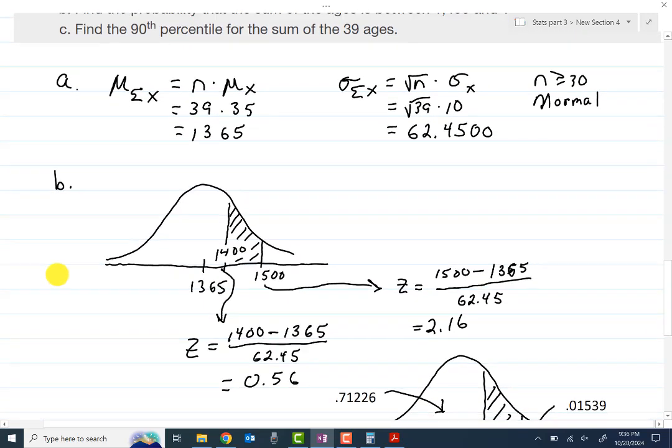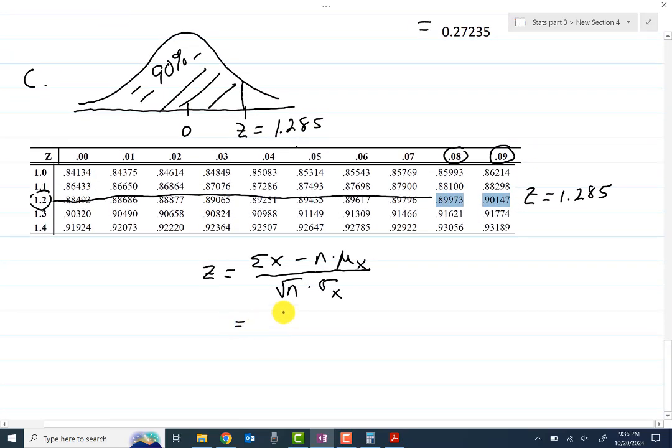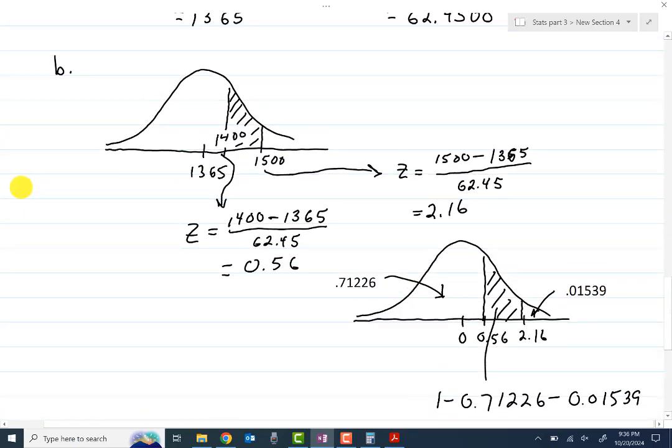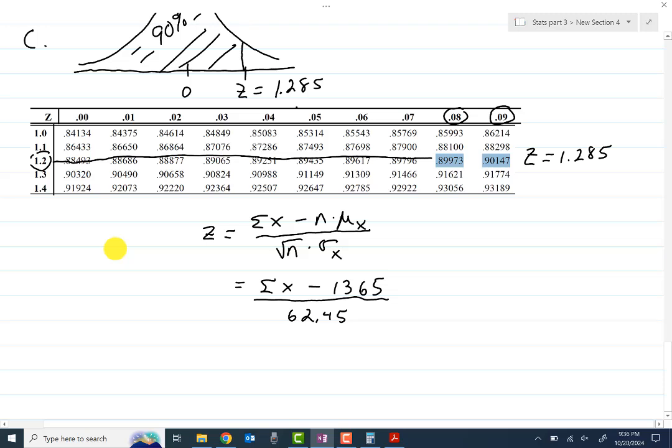The mu x was 1365. And down at the bottom, we had 62.45. I'm just going to check real quick to make sure that number is right. Yep. Come back here.